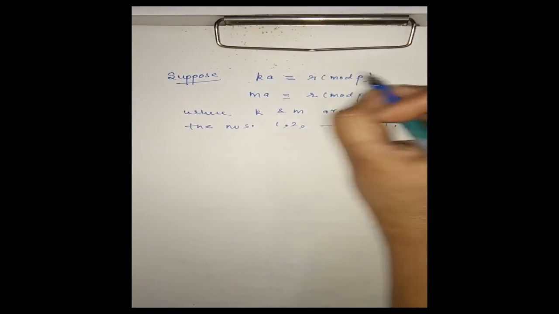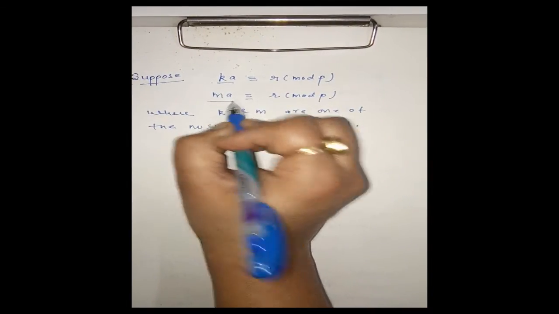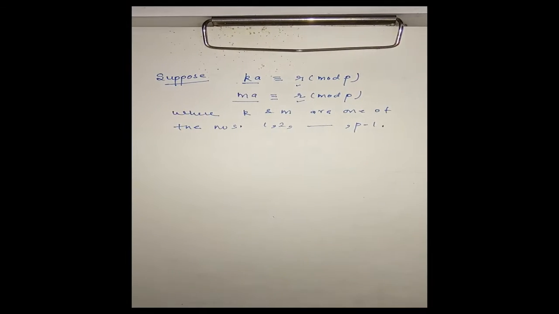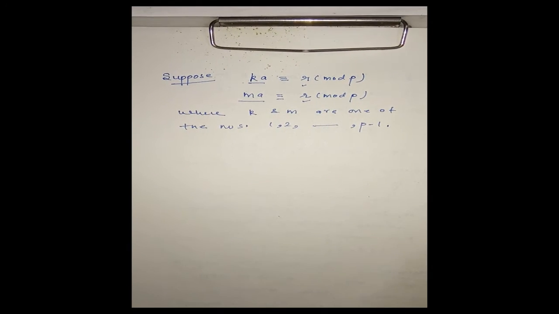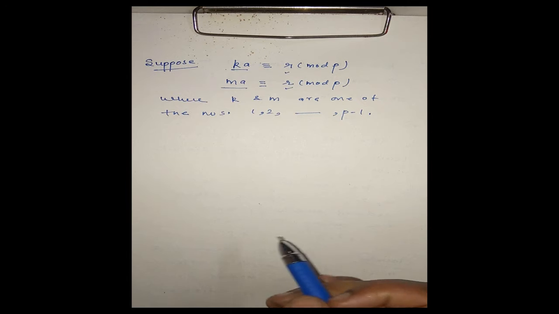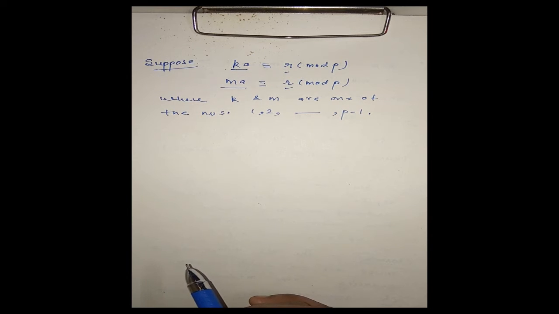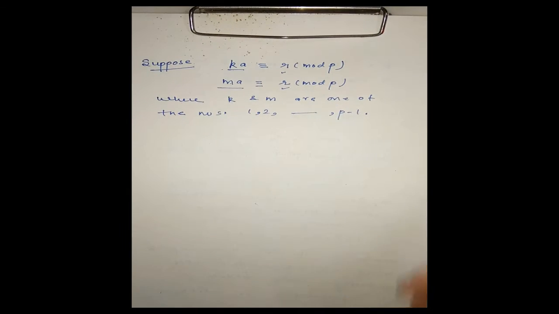Let us suppose that the two numbers ka and ma leave the same remainder r on dividing by p. Clear? Now we will prove that the numbers are the same, that is, k is equal to m.